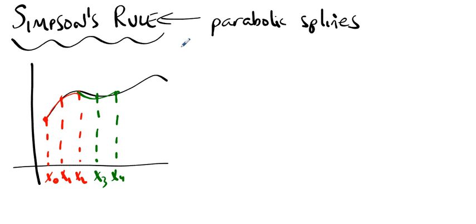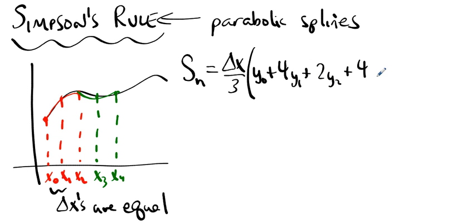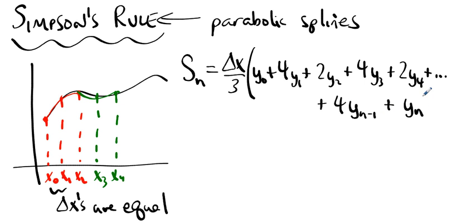And when we do that, Simpson's approximation with n subintervals is delta x over 3. We require that the delta x's are the same, delta x over 3 times the first y value plus 4 times the next one plus 2 times the one after that plus 4 times the next one plus 2 times the one after that, and so on, 4, 2, 4, 2, until the next to last one, there's 4 of those, and then the last guy hanging out by himself, like I did for my whole childhood.